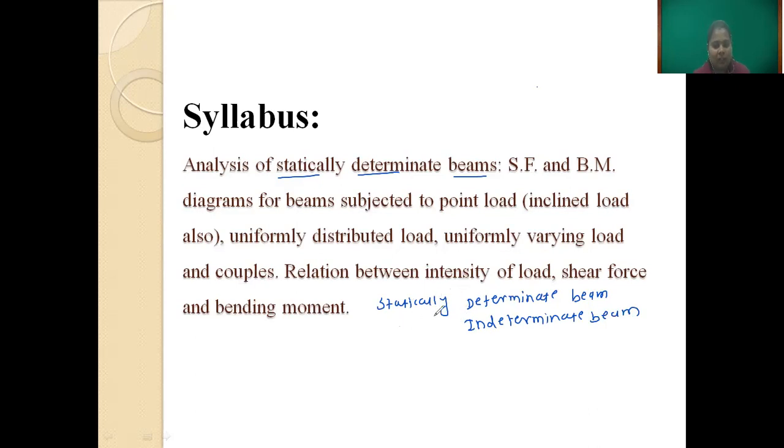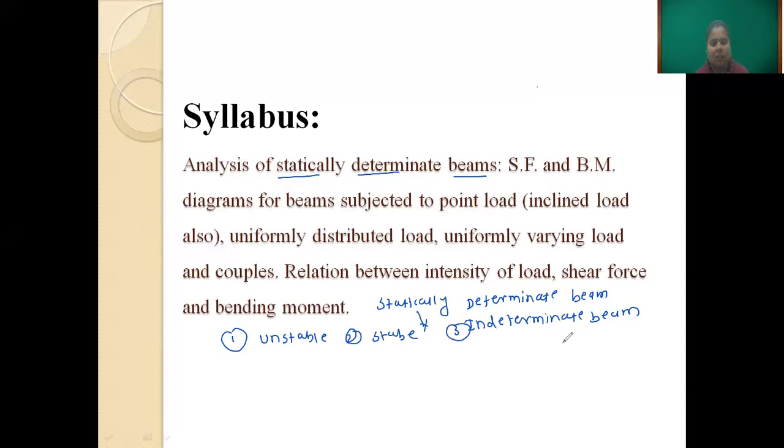For this, there are three conditions. First is unstable beam. Second one is stable or statically determinate beam. And third one is indeterminate beam.